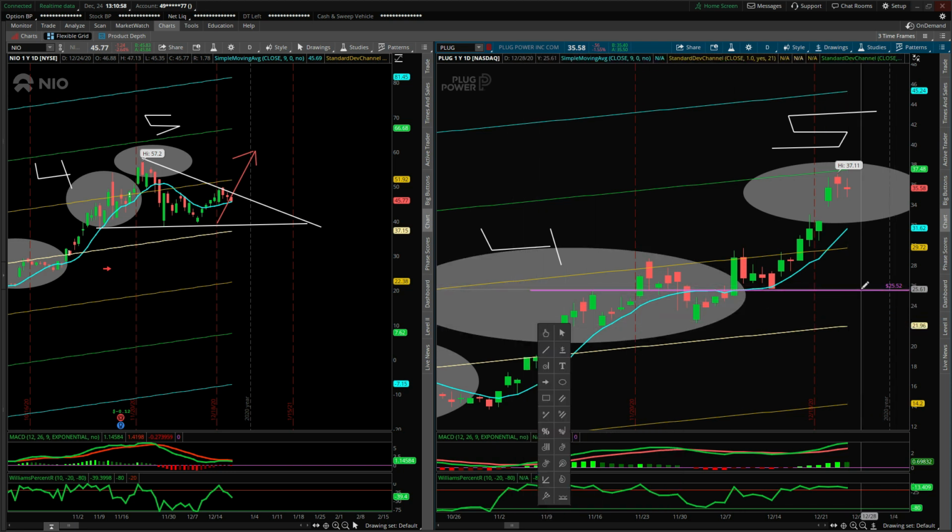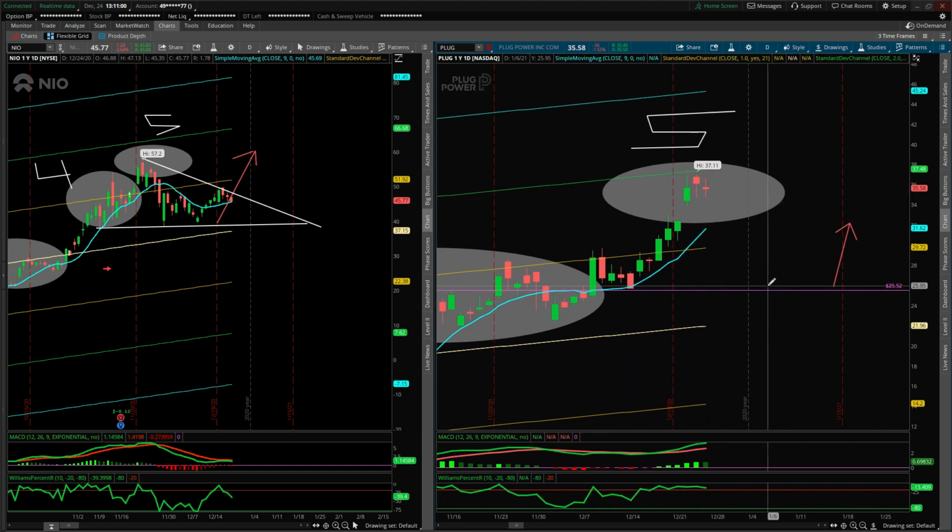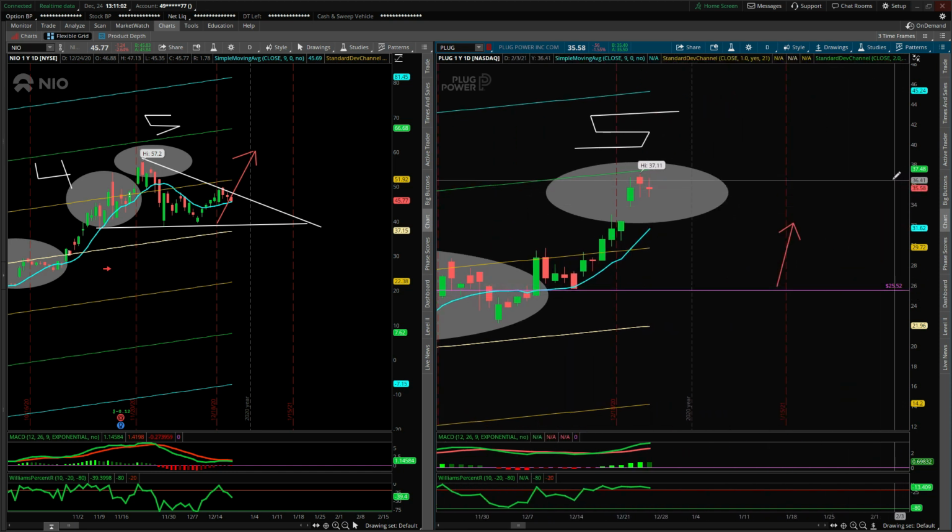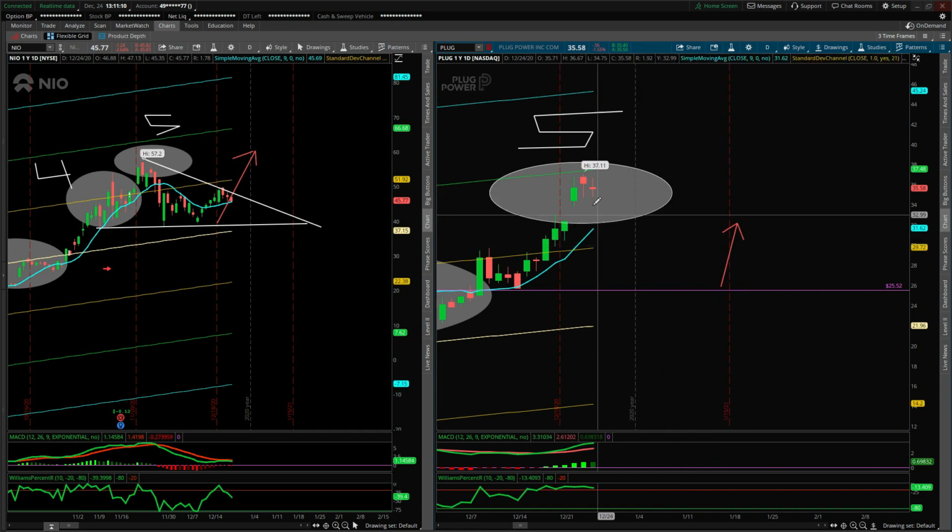I already have it marked right here. So we know this is going to be almost a $10 to $12 short. So we grabbed the 30 puts expiring on 1/8. I'll go ahead and make a little arrow showing where. So say it just sells off perfectly to our expiration, 1/8 right here.